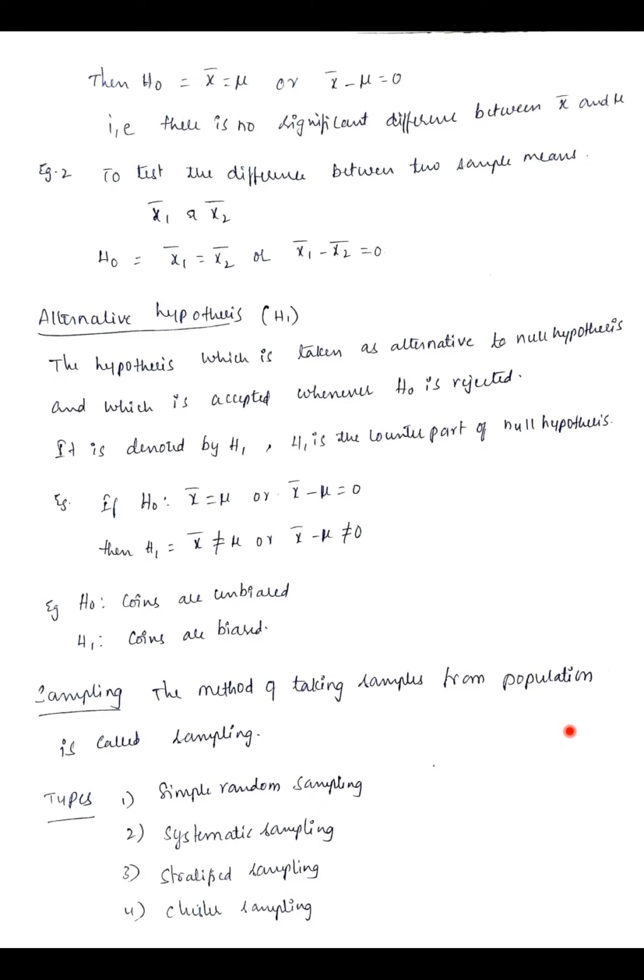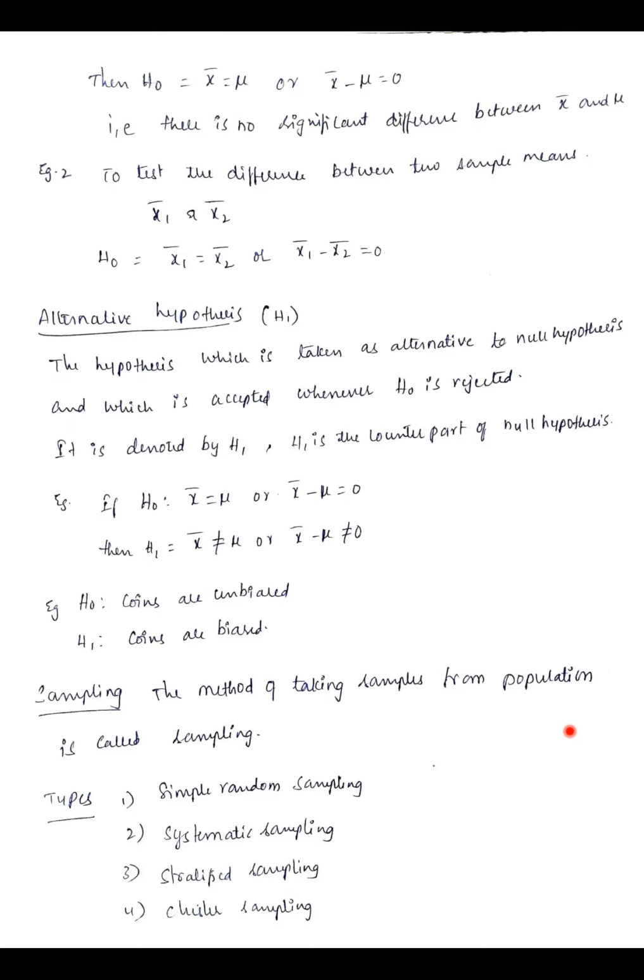And next one is the alternative hypothesis, which is denoted by H1. It is the hypothesis taken as an alternative to the null hypothesis, and it is accepted whenever the null hypothesis is rejected. Whenever the null hypothesis is rejected, we go for the alternative hypothesis.